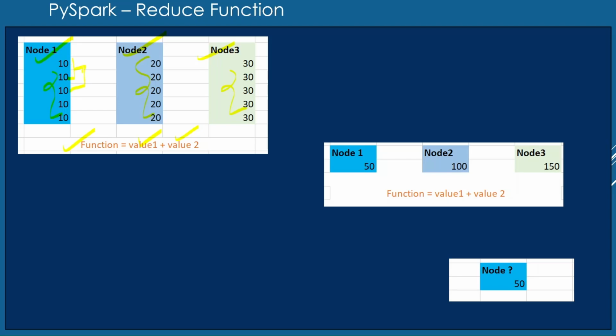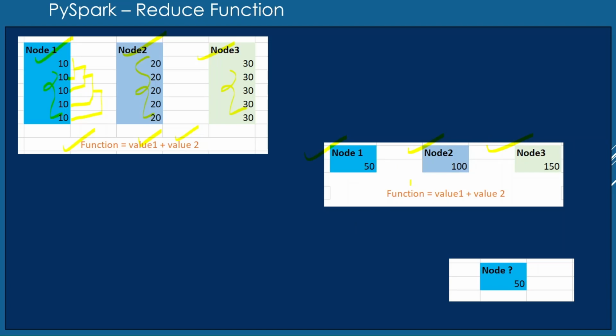Then the result of that will be added with the next value, and so on. Each and every time it will pick two values, do the addition, and the final output will be only one value. We can see here node 1 has this value, node 2 has this value, and node 3 has this value.